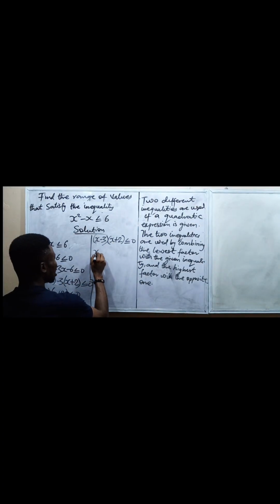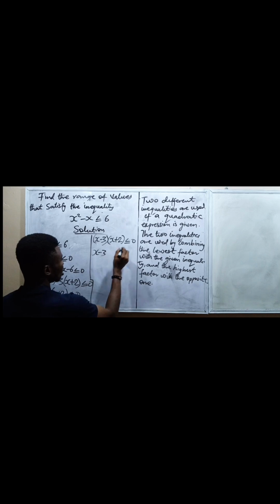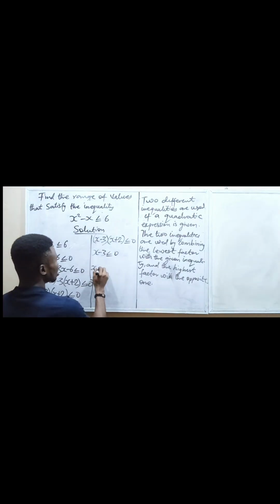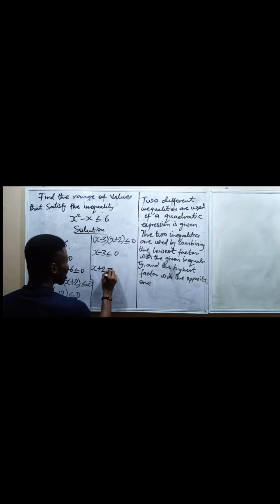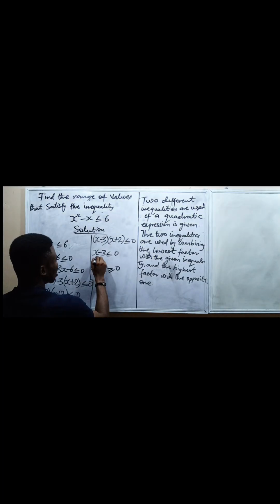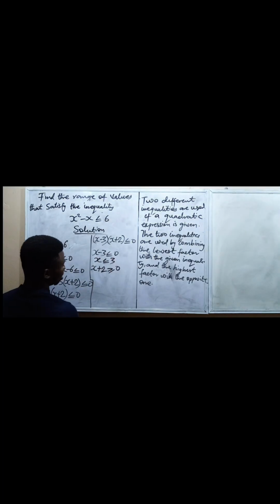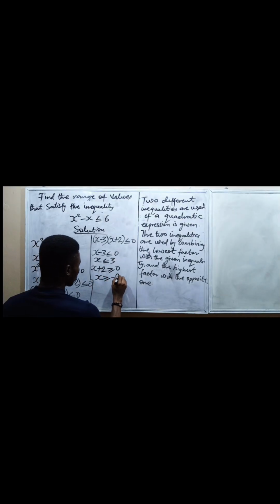We have that x minus 3 is less than or equal to 0, and for the second one, x plus 2 is greater than or equal to 0. From the first one, x is less than or equal to 3, and from the second one, x is greater than or equal to minus 2.